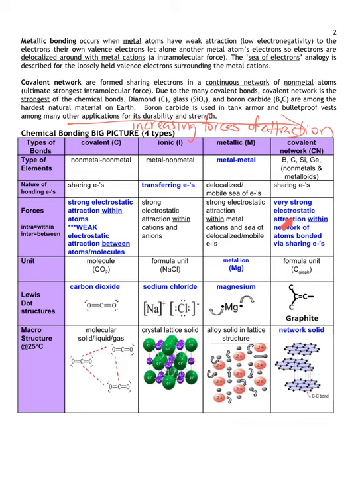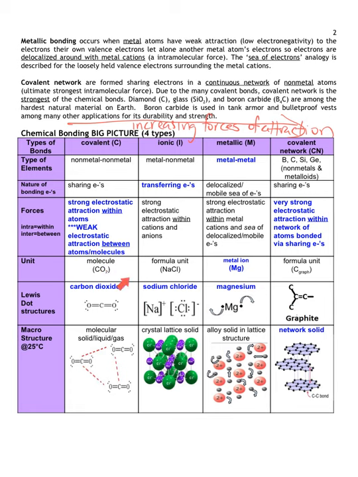It says very strong electrostatic attraction within a network of atoms bonded via sharing of electrons. So you can see the progression of strength. Now, the reason why covalent compounds are weakest is because they're guided by intermolecular forces, which are weaker than intra. That's what makes covalent compounds extra special, because they have these intermolecular forces.